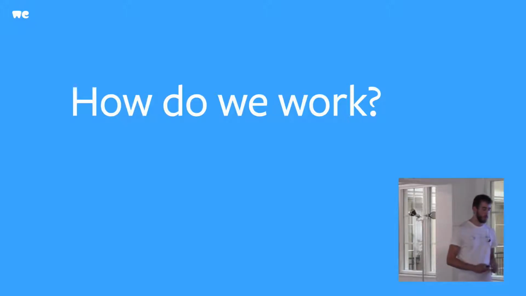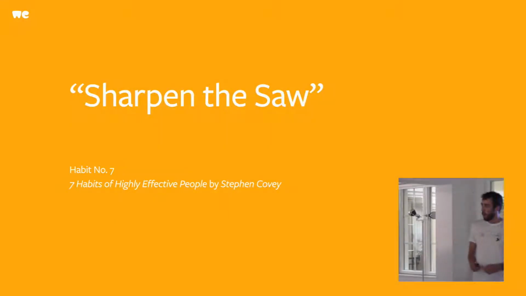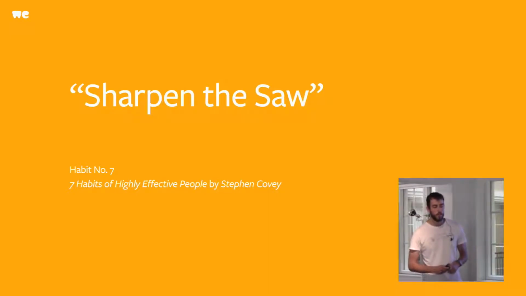But how do we work? Well, I was on a course for leadership, and I learned about a phrase called sharpen the saw, which basically means invest time in making things easier for future purposes.